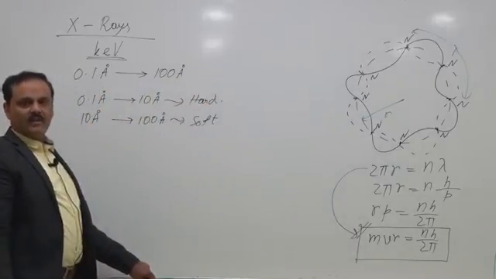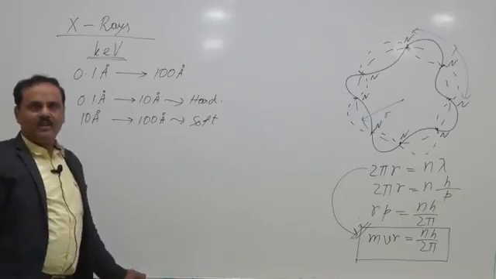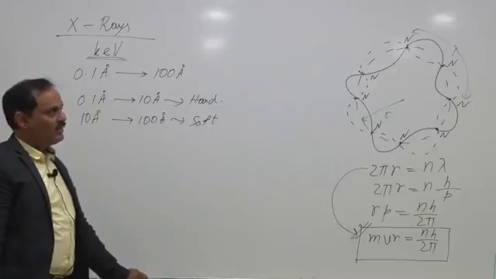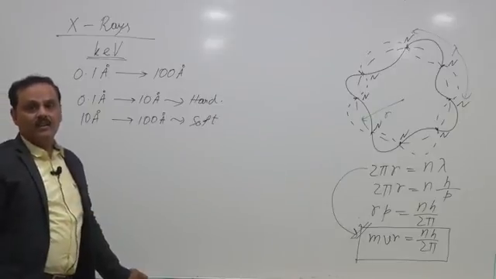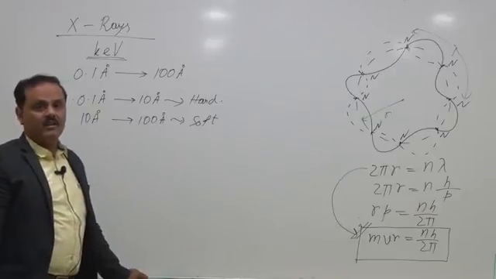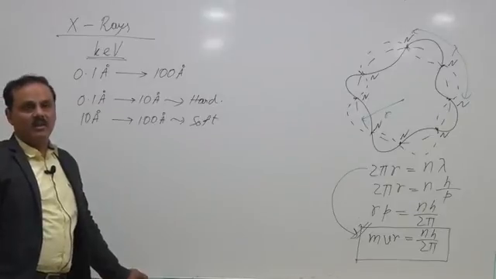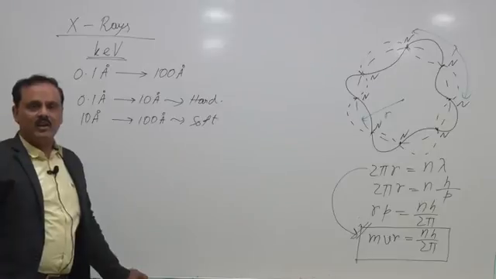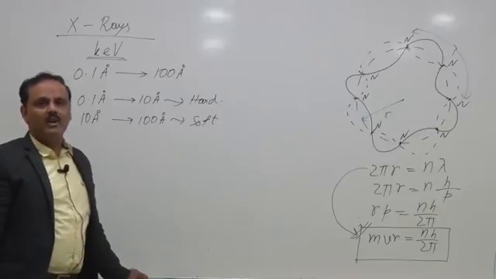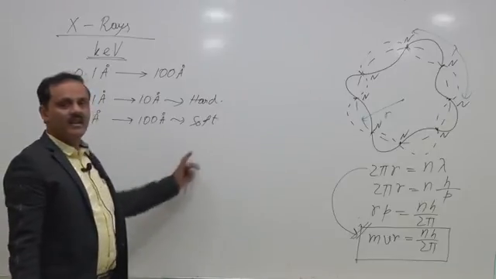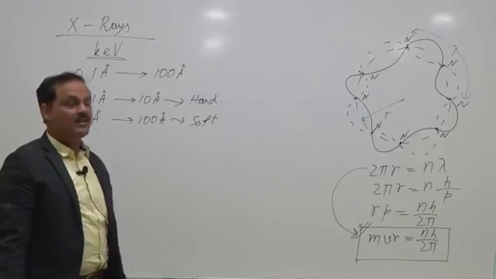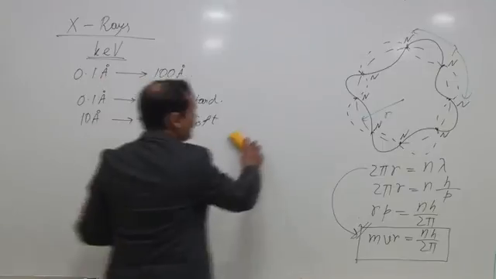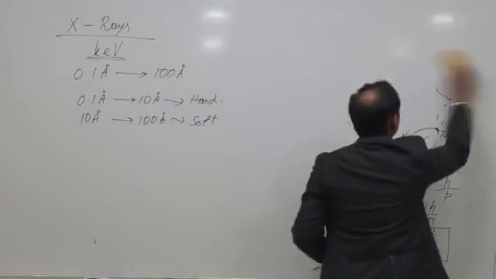In the photoelectric effect, when photons are incident on a surface, electrons are emitted. In X-ray, electrons are incident and photons are emitted. One major difference is that in the photoelectric effect, the energy requirement is less, whereas in X-ray, the energy requirement is much higher. Now let us see how X-ray is produced.